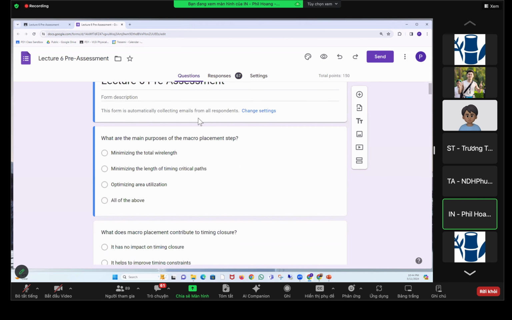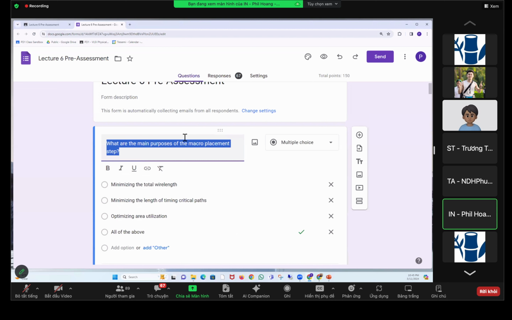What are the main purposes of macro placement steps? Minimizing the total wire length, minimizing the length of the timing critical paths, optimizing area utilization, all of the above. All right, D, all of the above, is the correct answer.